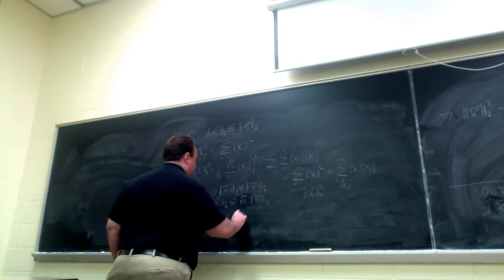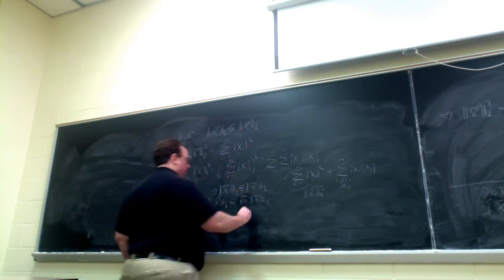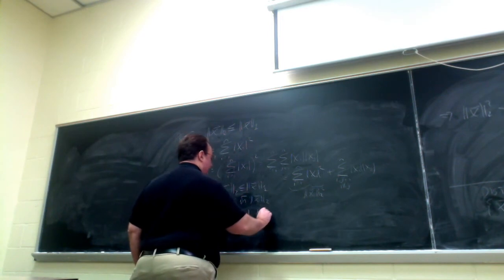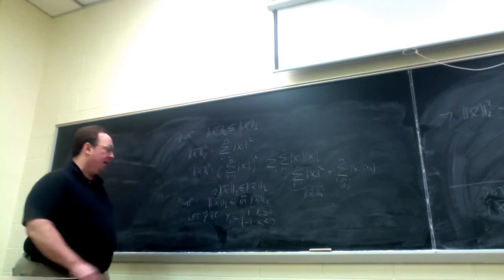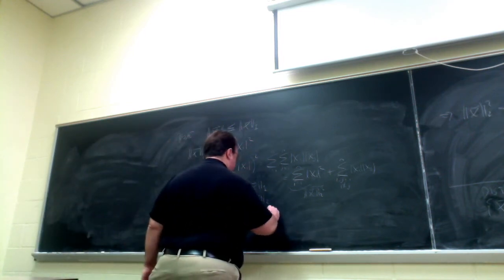I'll define each component yi as follows: equal to 1 if xi is positive or not negative, and if it's negative, I'll set it equal to minus 1.